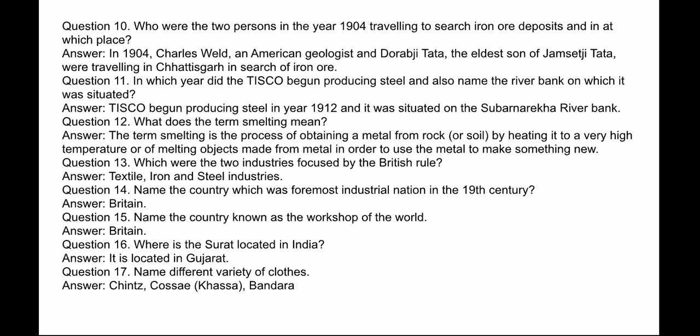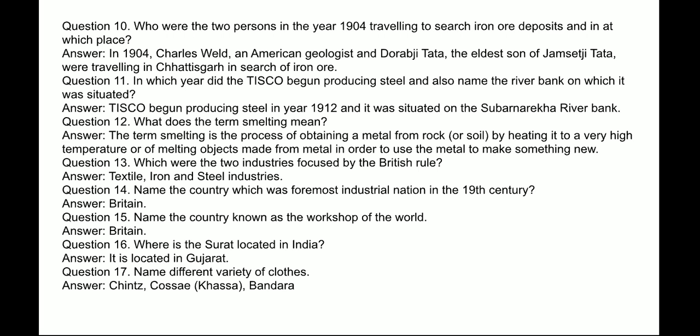Answer, in 1904 Charles Weld, an American geologist, and Dorabji Tata, the eldest son of Jamshedji Tata, were traveling in Chhattisgarh in search of iron ore. Next question, in which year did the TISCO begin producing steel and also name the river bank on which it was situated? Answer, TISCO began producing steel in year 1912 and it was situated on the Swarnrekha river bank.